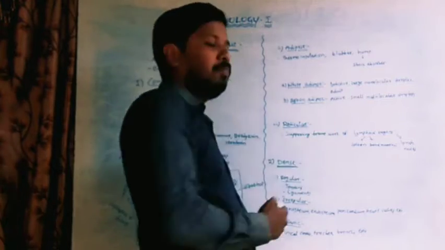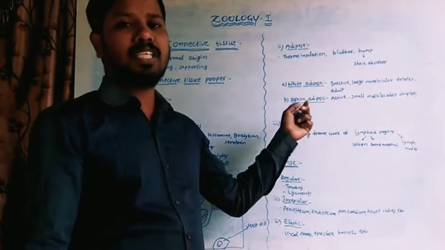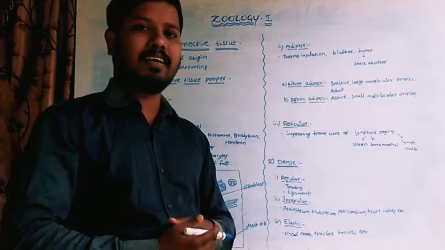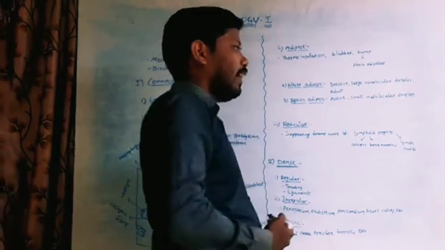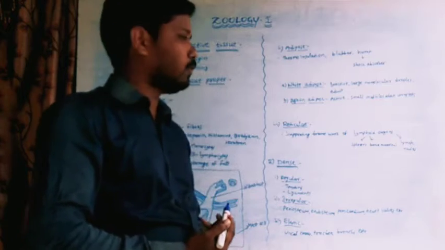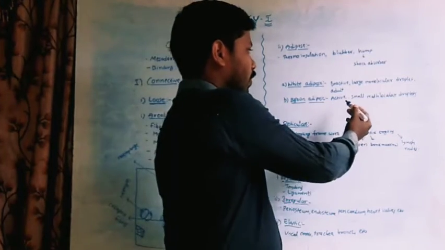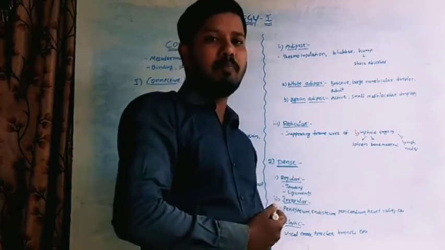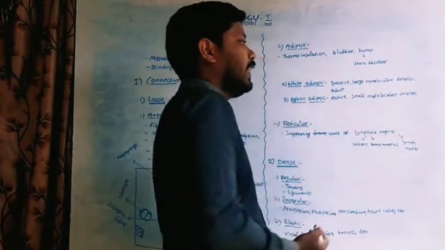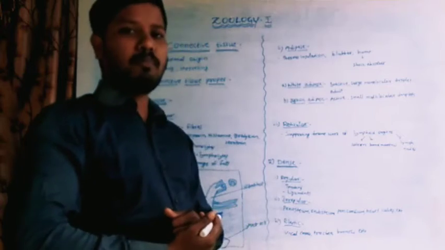Next one, brown adipose tissue, is found in the fetus and infants. Metabolically it is an active tissue. It consists of a number of small droplets called multilocular droplets.